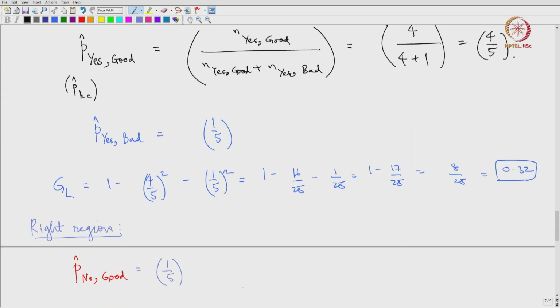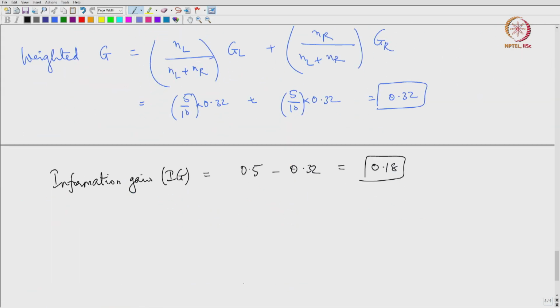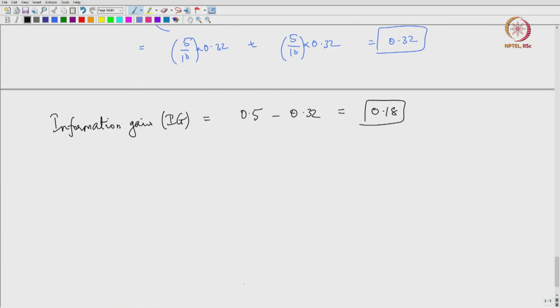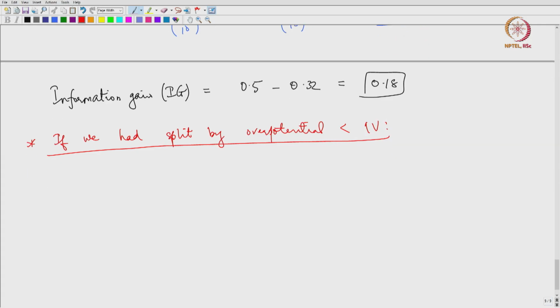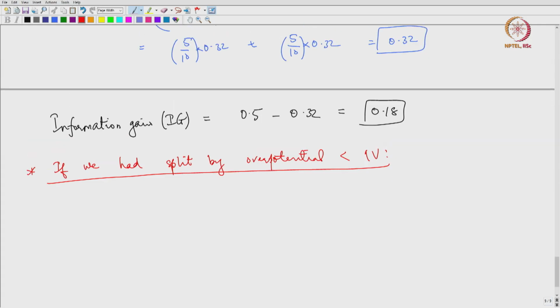Now, let us look at a feature where you do not gain anything, and that can also happen, and I will quickly walk you through this example. So, instead of splitting by the band gap, if we had split by over potential less than 1 volt, what would happen is that the left and the right regions would be quite different.